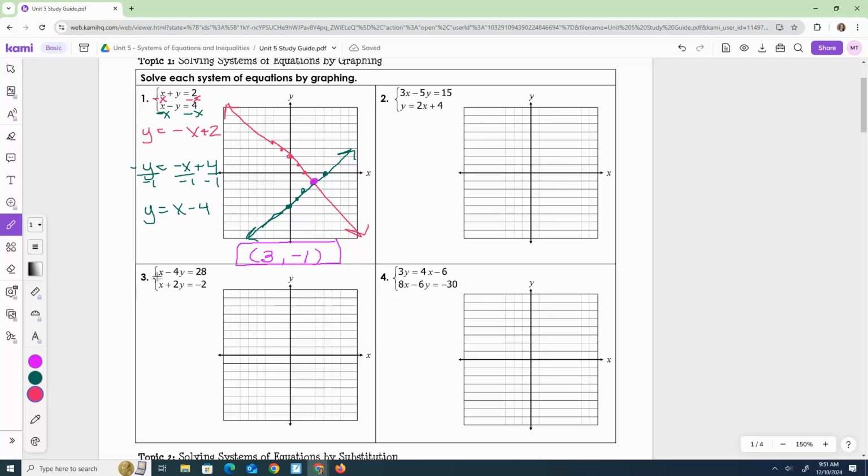Subtract x. So negative 4y equals negative x plus 28. This time I have to divide by negative 4. Don't just drop that 4 on your x. That means negative 1 divided by negative 4 is a positive 1/4 x minus 7.